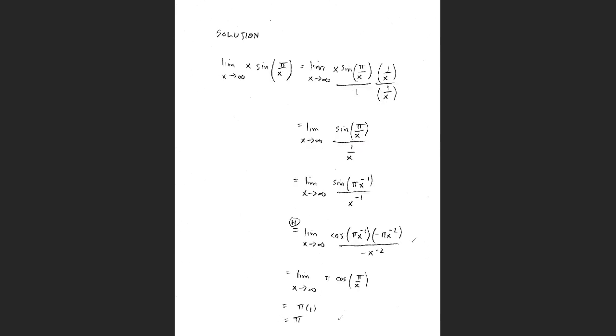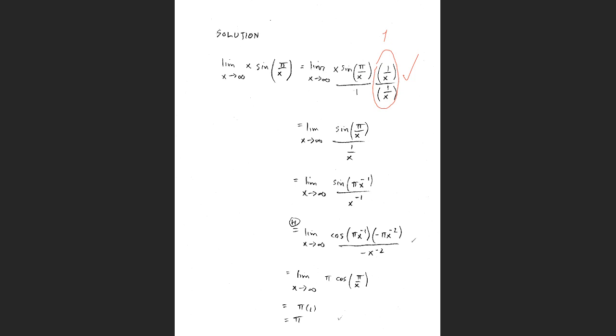So on the next page here, we have the limit as x approaches infinity of x times the sine of pi over x. And what I'm going to do is multiply the top and bottom by 1 over x. I'm not changing the limit at all, because 1 over x divided by 1 over x is just equal to 1. I'm just rewriting the limit.